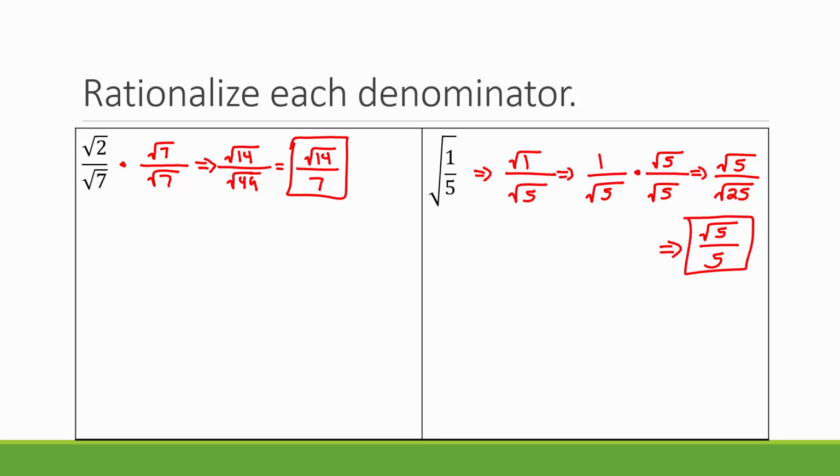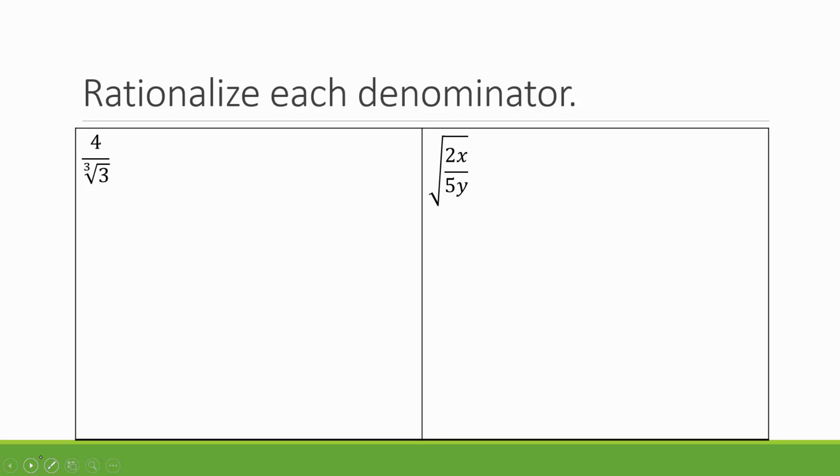So that would be my final answer. So again, remember our objective in this lesson is to remove the radical from the denominator by making our denominator into a perfect root.